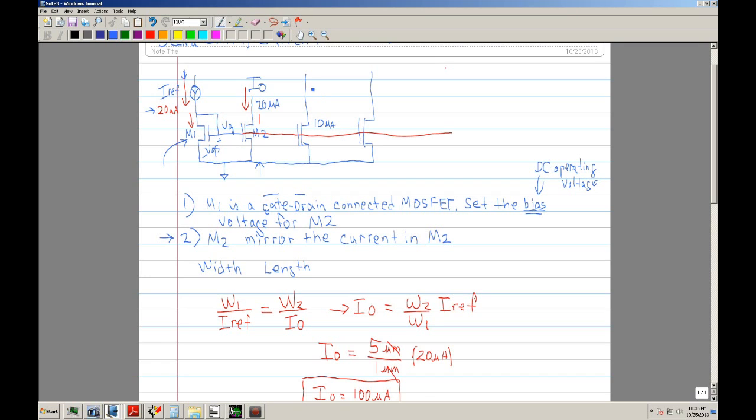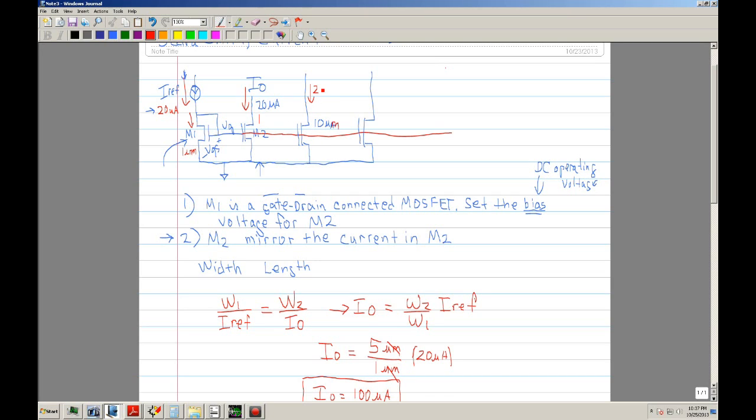Then the current flowing here would be 10 times 20, because this is 10 microns and remember this is 1 micron. It's 10 times bigger, so the current flowing through this transistor will be 10 times bigger.